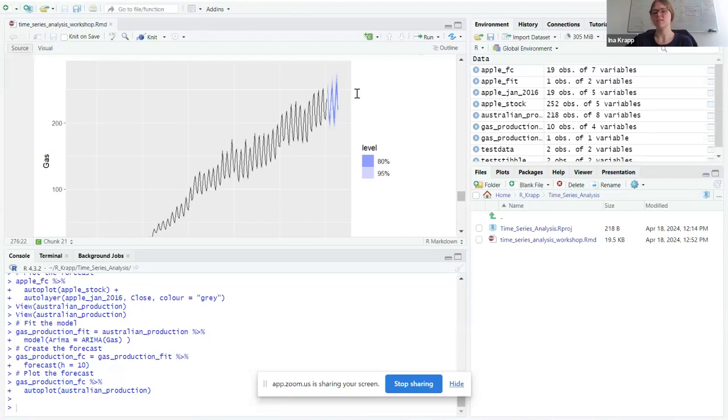Structural breaks still are not really possible to predict with the type of time series analysis models like ARIMA. But for data series with certain properties, like the gas data, forecasting is working very well.